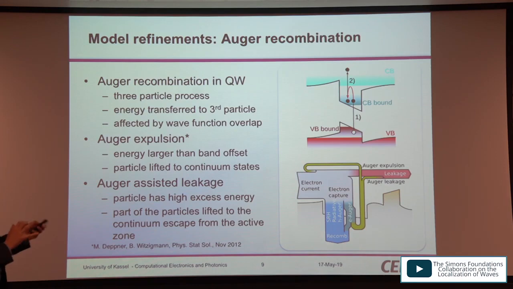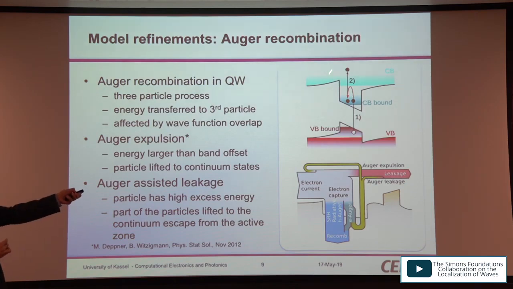Our method of separating the energy space into bound and unbound states is ideally suited to say that this third high energy electron is kicked out of the well, and to a first degree it cannot contribute to the recombination anymore.